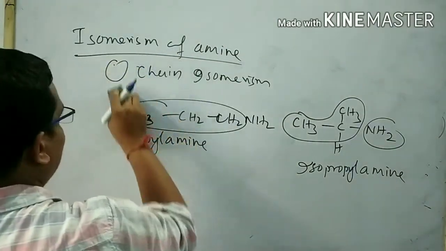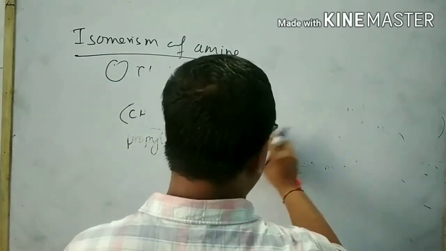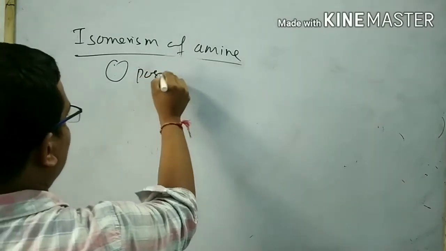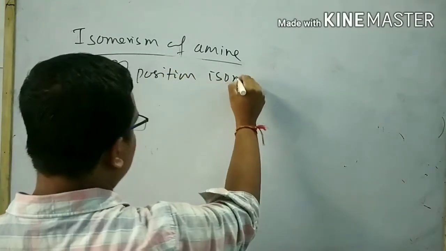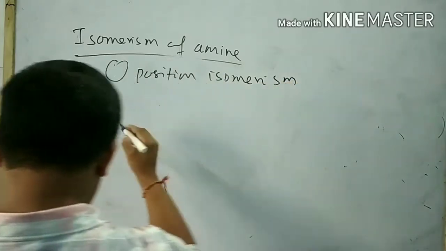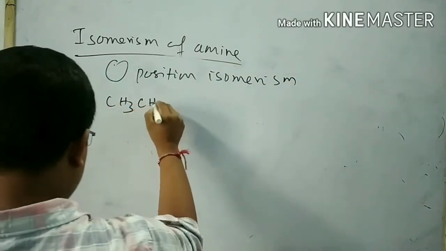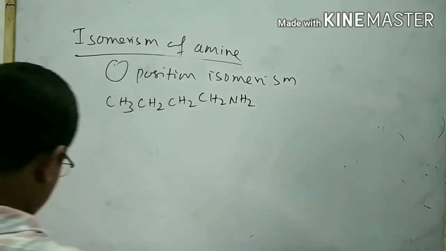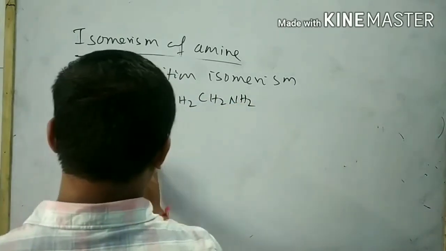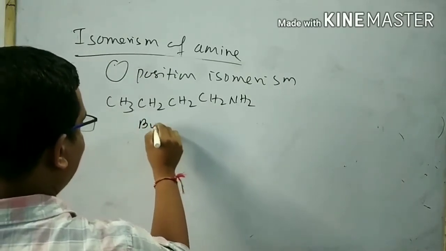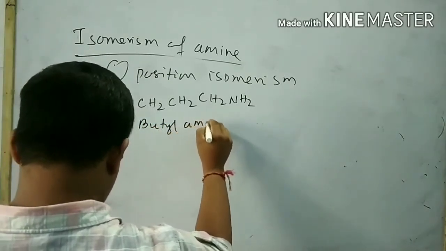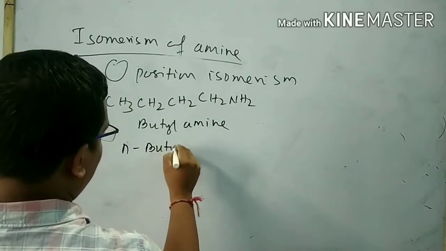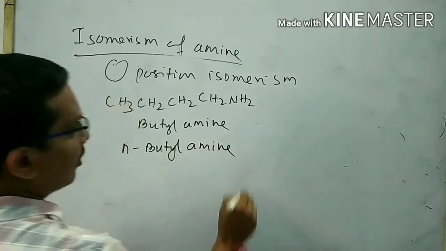Next, I will discuss positional isomerism. Take CH3CH2CH2CH2NH2. The name of this compound is butylamine, or n-butylamine, where n means normal.